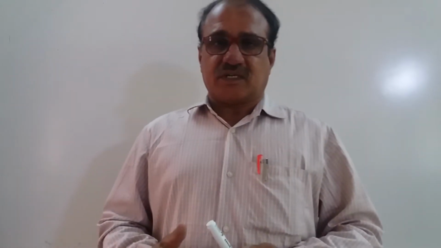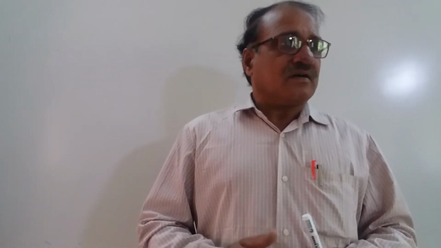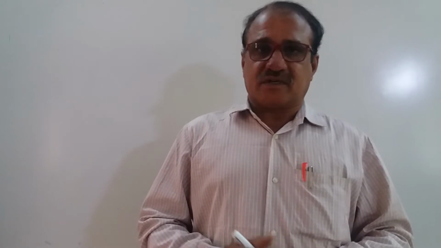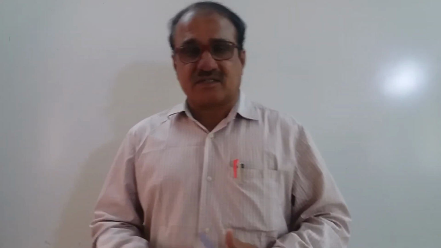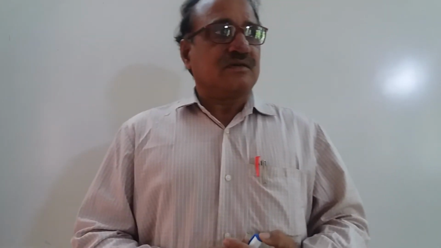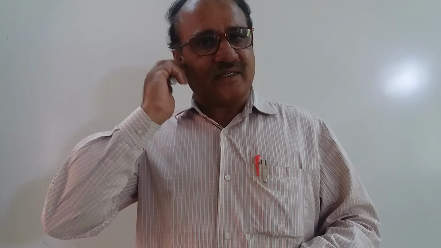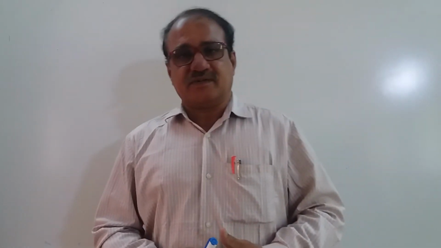Cos C plus cos D is equal to 2 cos (C plus D)/2 into cos (C minus D)/2. Similarly, cos C minus cos D is equal to minus 2 sin (C plus D)/2 into sin (C minus D)/2, or 2 sin (C plus D)/2 into sin (D minus C)/2.